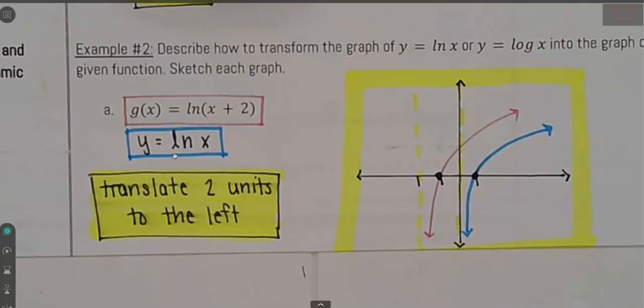So the logarithmic function, being an inverse of this, looks like this. Bonus point if someone can tell me where the vertical asymptote is on this. 0. And another bonus point, where does it hit the x-axis? 1.